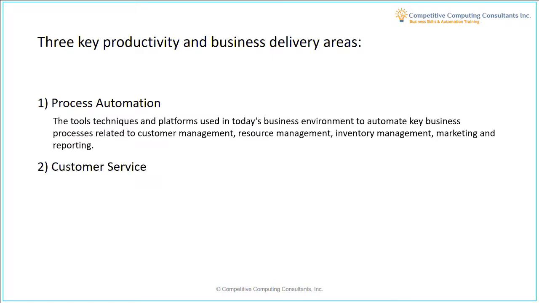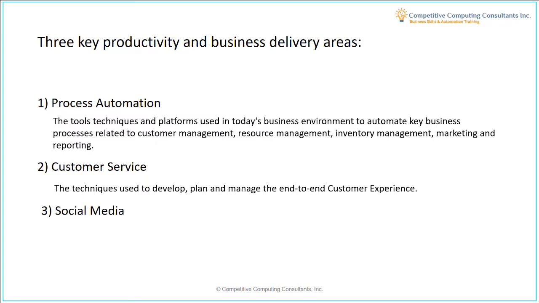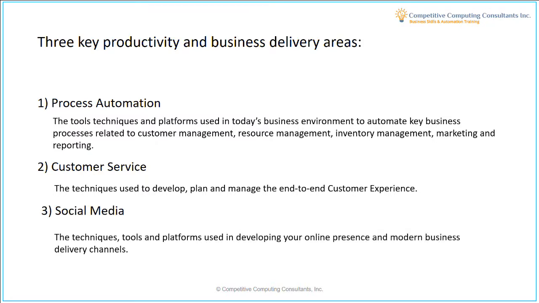Second, we focus on customer service. Customer service are the techniques used to develop, plan, and manage the end-to-end customer experience. And last, but certainly not least, social media. Social media are the techniques, tools, and platforms used in developing your online presence and modern business delivery channels.